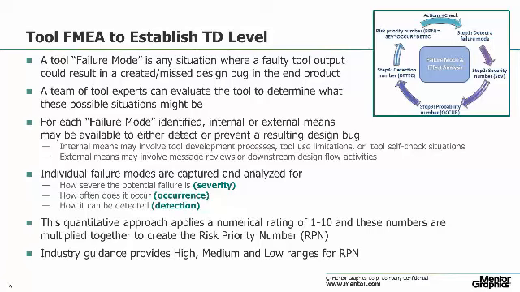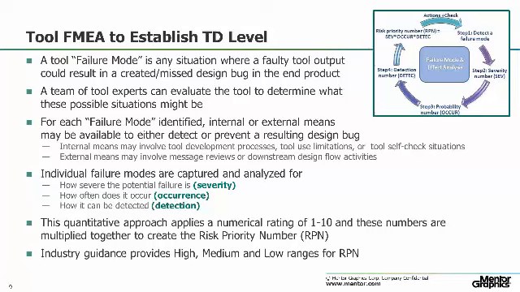So individual failure modes can be captured and analyzed for the severity, the occurrence, and the detection level. And these can be rated with a risk priority number, and multiplying these RPNs together gives you a level of high, medium, or low risk.